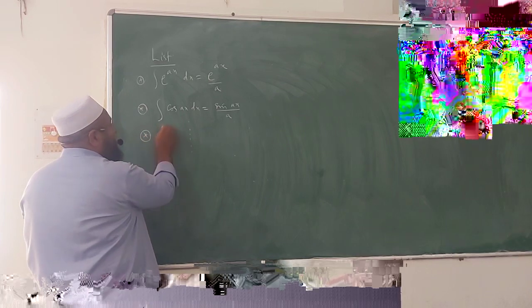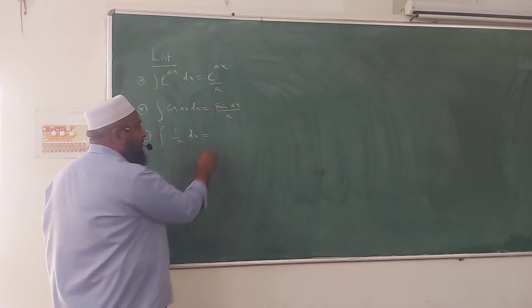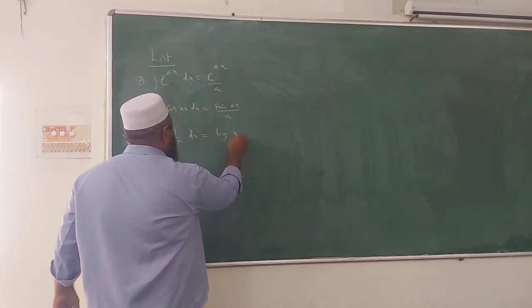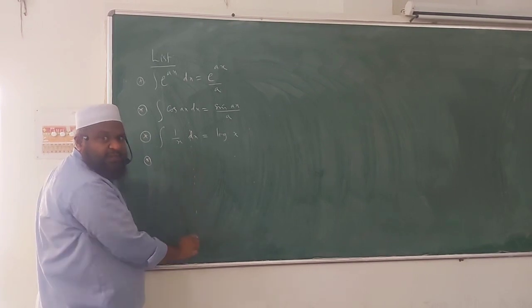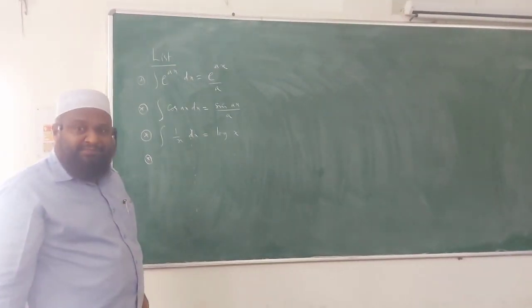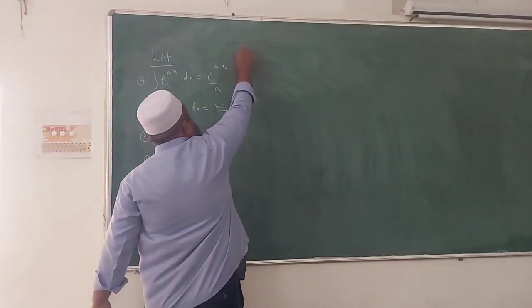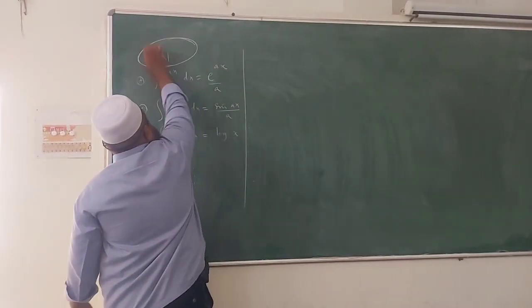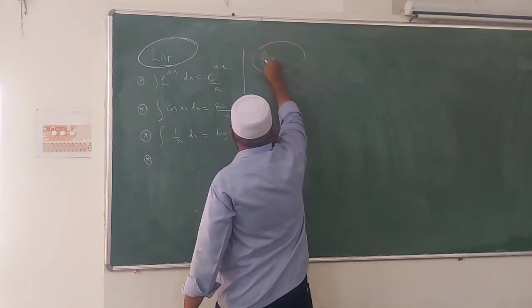Tell some more. Integral 1 by x dx is log x. So many will come in the list. You have to memorize this list from some textbook. This is the list concept. Okay. Next concept is rules.